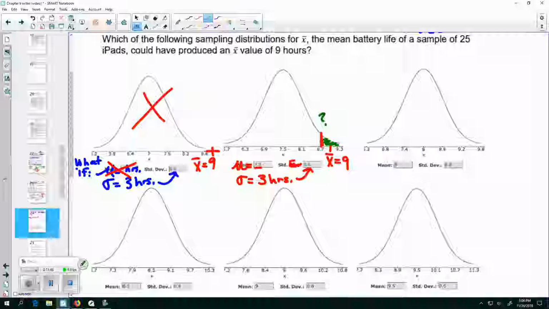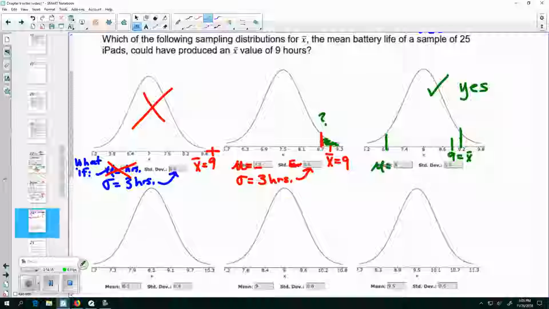But the third one, mean equal to 8 hours, notice that a sample mean of 9 hours is within 2 standard errors of the center. So most of us would say, yes, this is something we would consider. A population mean of 8 would be entirely plausible if we got a sample mean of 9. In other words, it's close enough to our sample mean that it would be a possible or plausible value of mu.